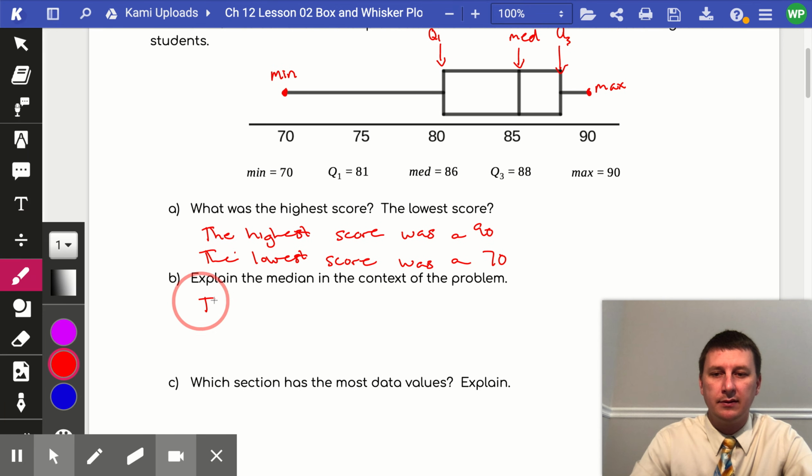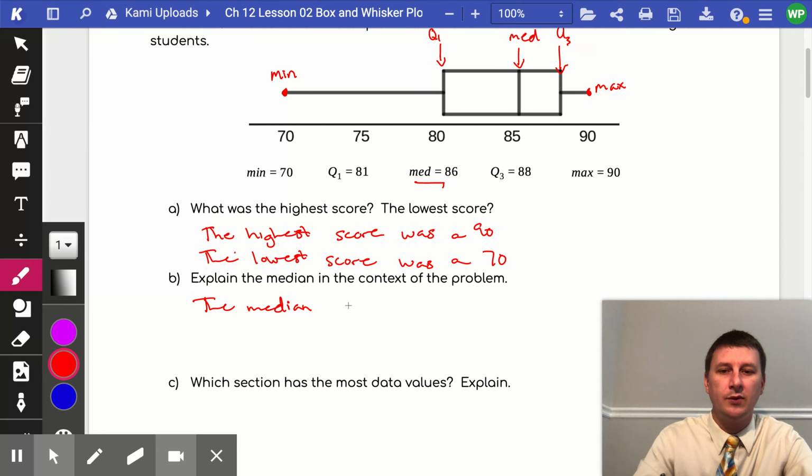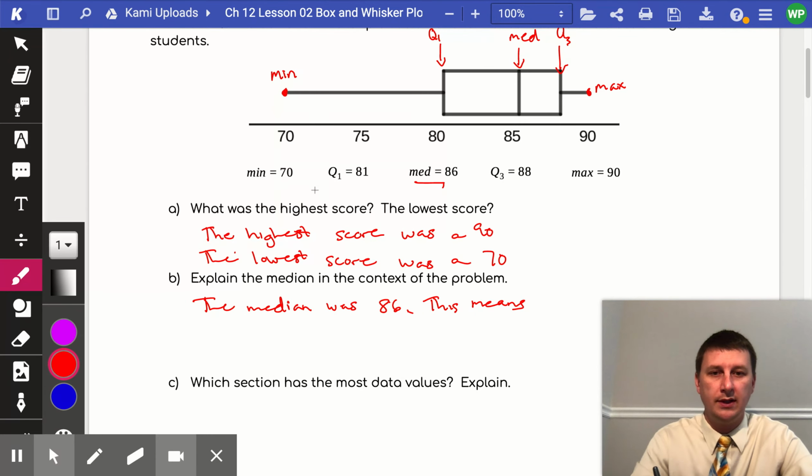Okay, explain the median in the context of the problem. So the median, let's take a look at what it was. The median right here, it says the median was 86. And this means, so let's think about a median.